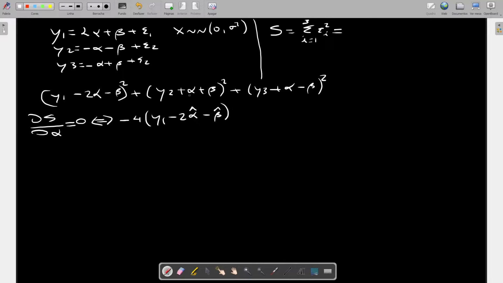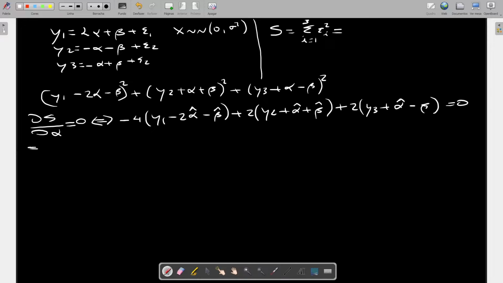The second term we have just 1, so it's plus 2 times y2 plus alpha hat plus beta hat. Remember the hat, they'll take points away if you don't get the hat inside because it's a parameter. And then the other one, plus 2 times y3 plus alpha minus beta, equal to 0.